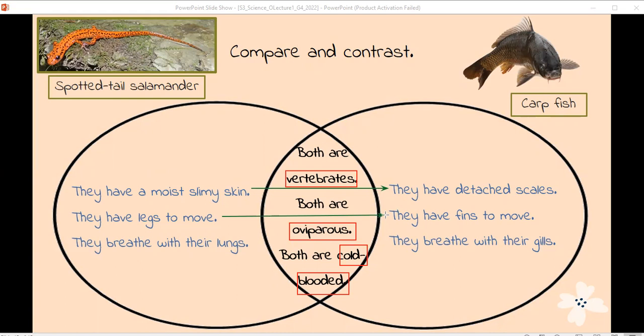Fish use their fins to move. Salamanders use their lungs and skin to breathe, while fish use their gills to breathe. So, in the middle, we can see how salamanders and fish are similar, and on the two sides, we can see how they are different.